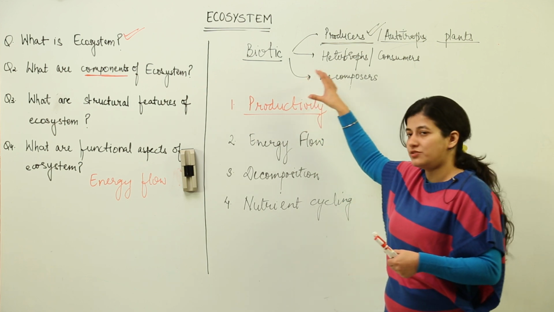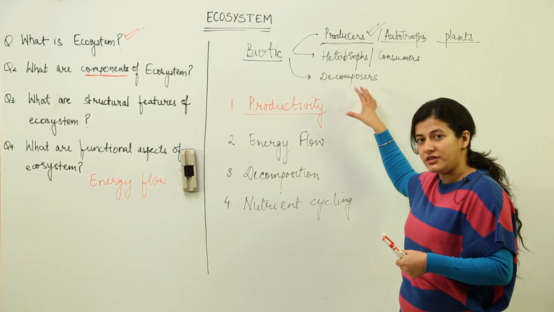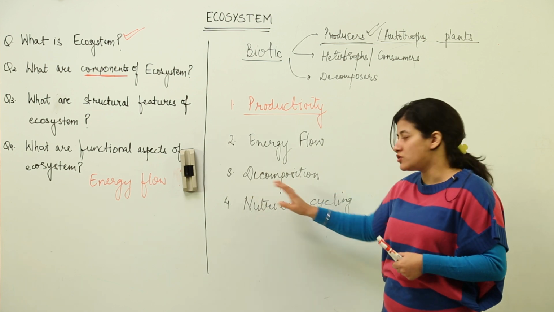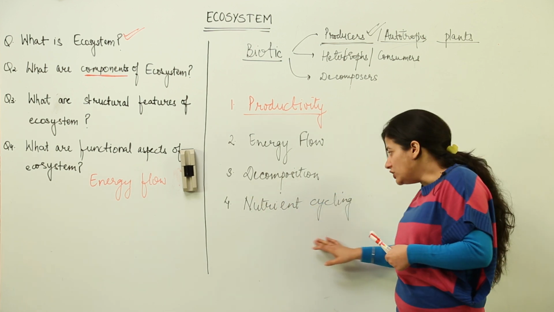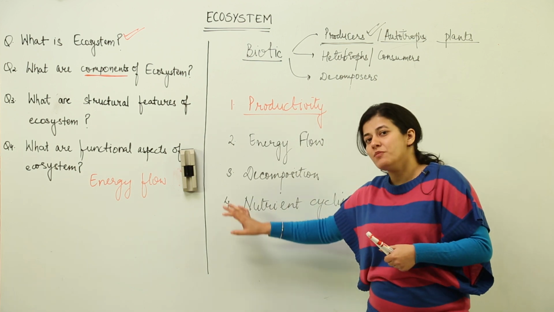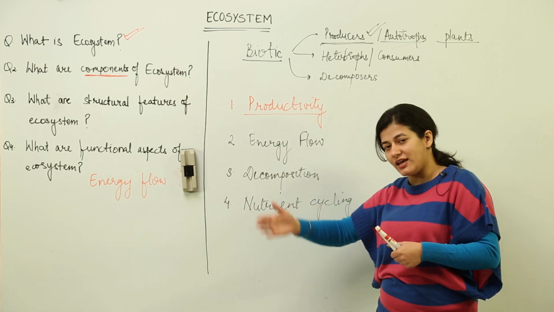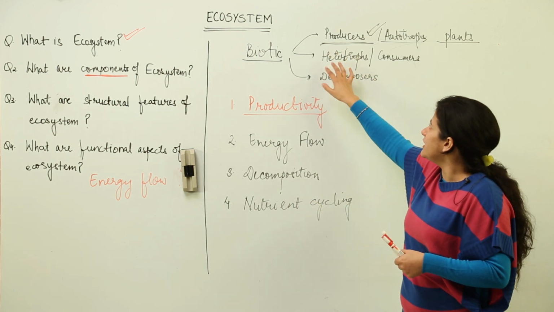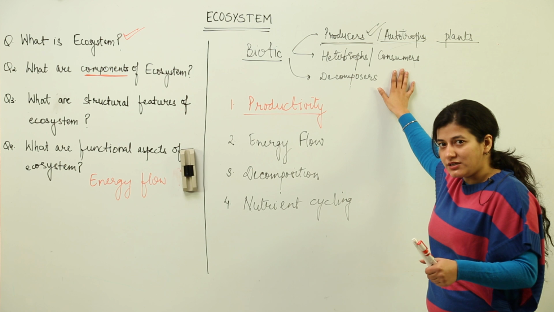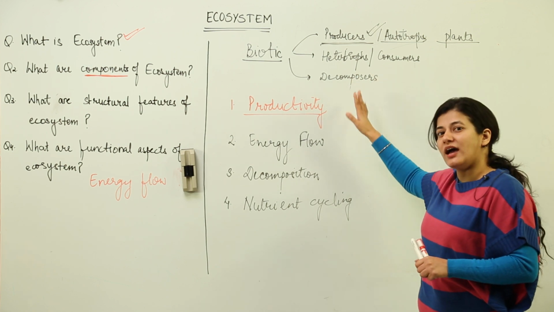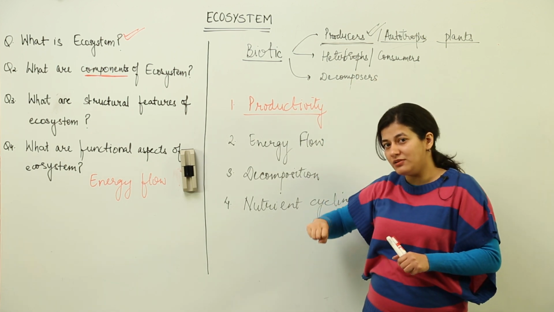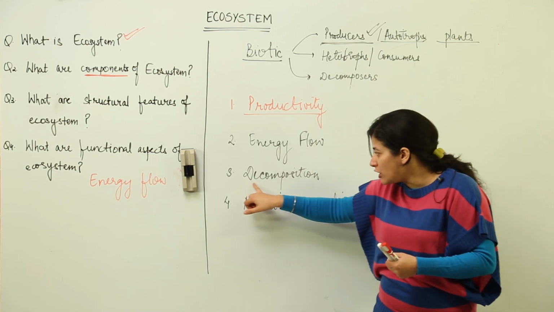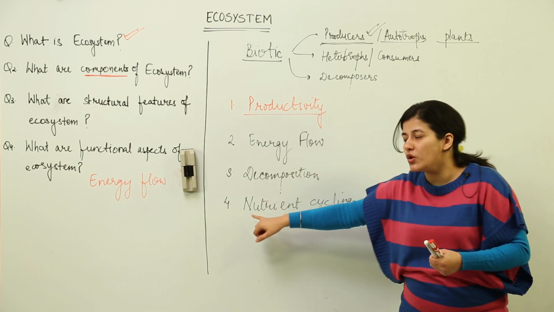How all those nutrients and components are taken back to the soil would be done by decomposition. And when we talk about decomposition, we are considering nutrient cycling as well, because all the nutrients have to be recycled again and again so that they are available, because certainly these organisms are not going to live till eternity, they are going to die somewhere. When they die, the nutrients stored inside them cannot be left as they are, they have to be included back into the soil. So decomposition is an important aspect, and so is the nutrient cycle.